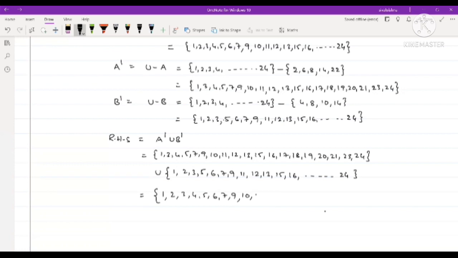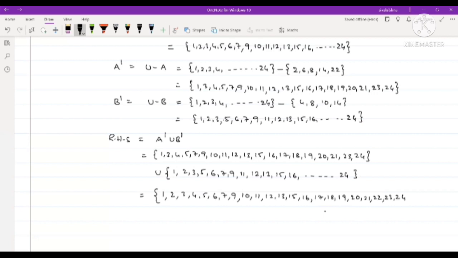After 10 we write 11, next 12, next 13. Next we do not have 14, so we write 15, next 16, 17, 18, 19, 20, 21, and 22, which we have in B dash, so we write 22, next 23, next 24.